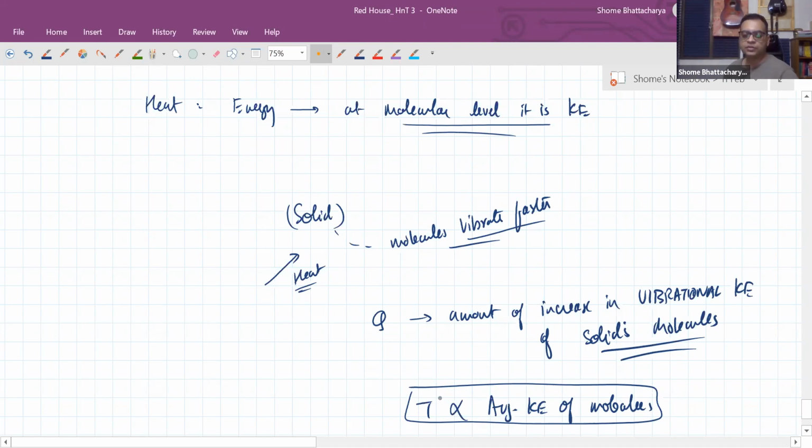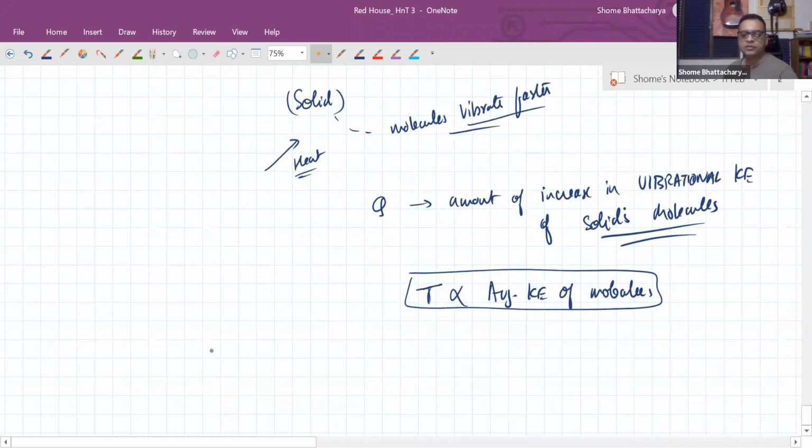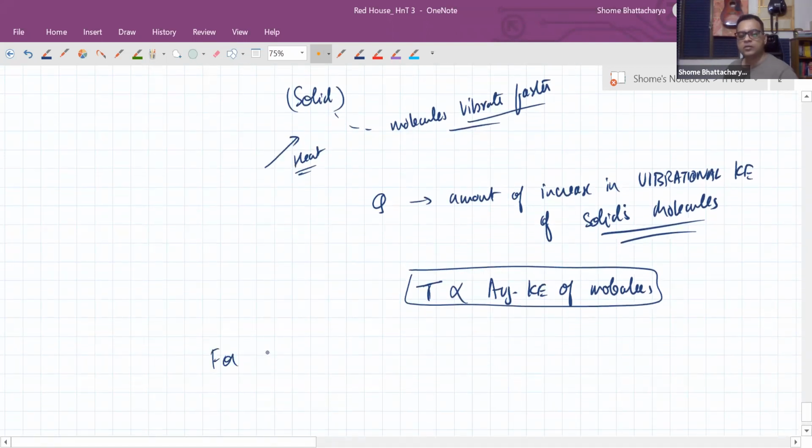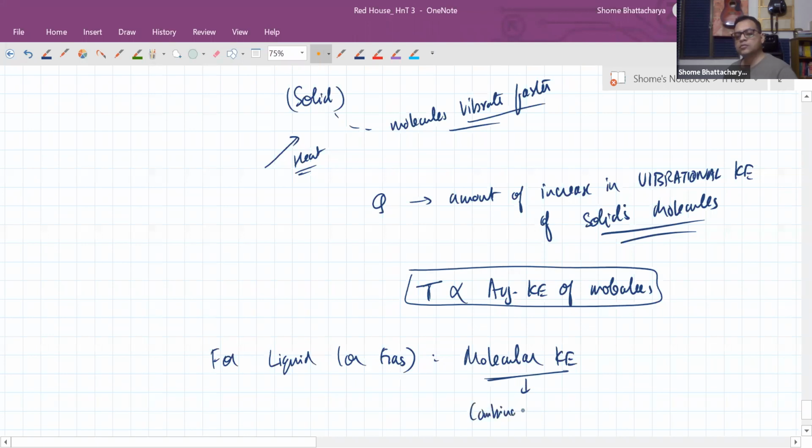So that's how, proportional to the heat supplied, the temperature is increasing. Similarly, for a liquid, or gas for that matter, what we mean by molecular kinetic energy is a combination of rotation, translation, and vibration in certain cases also.